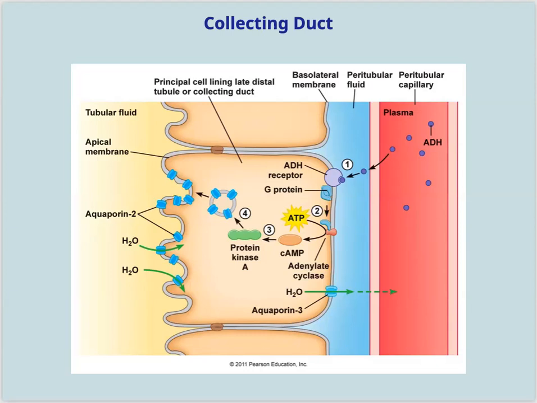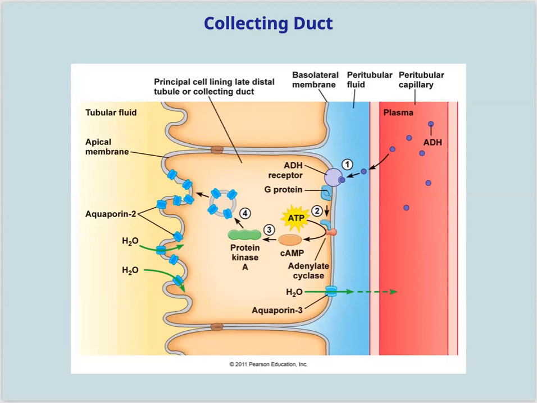It's released into blood, and when it gets to our kidney, specifically in the collecting duct, it triggers the insertion of aquaporin channels, or these water channels, into the luminal surface of the tubular cells in the collecting duct, and also in some distal convoluted tubule. And this leads to more water being reabsorbed.